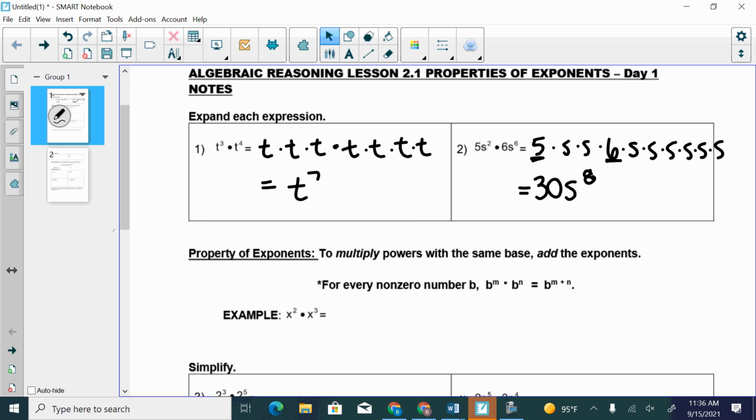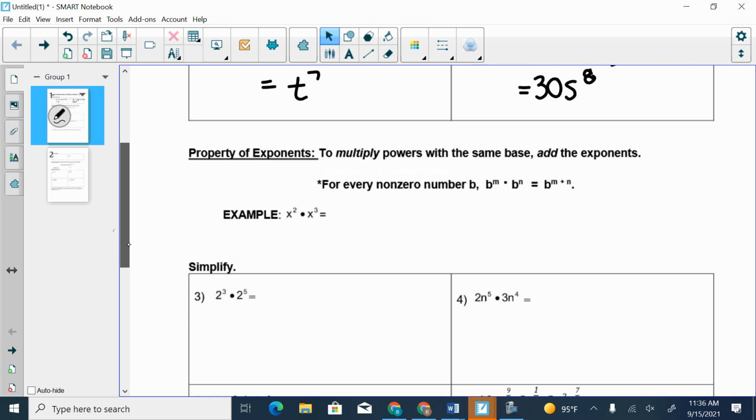But if you've got numbers, we still multiply those just like we always would. Okay? So that's basically what this part right here says. To multiply powers with the same base, we just add the exponents. So as long as you have the same number as your base or the same letter as your base, you just add whatever your numbers are. Okay?